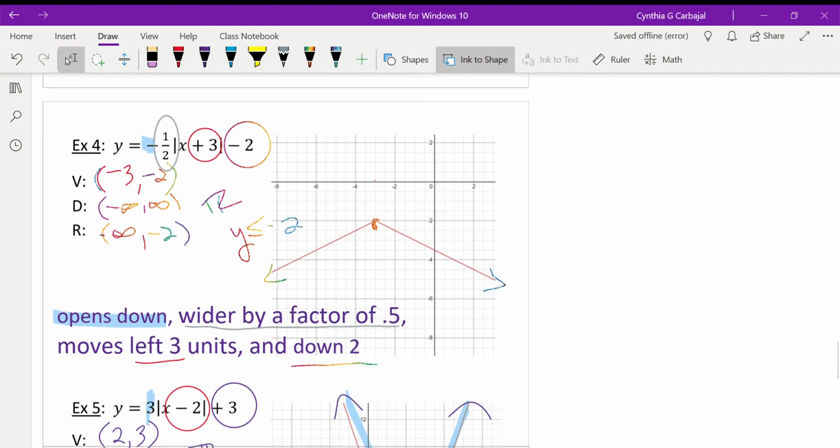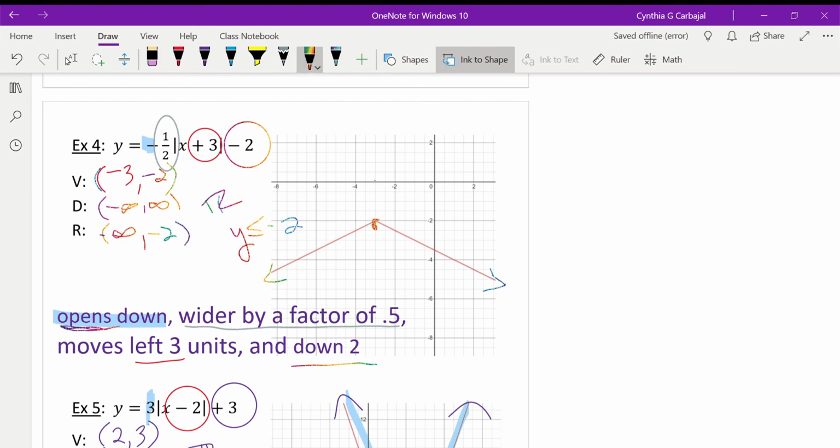Next part. All right, I don't want to rewrite everything, so let's just walk through it. We actually have 5 things going on. We have a negative in front, we have a fraction, we have a +3 inside the brackets, and a -2 outside. So the negative tells me it's going to open down.